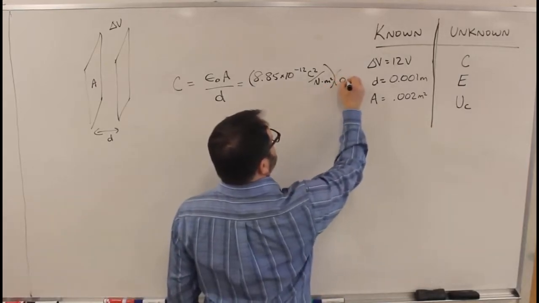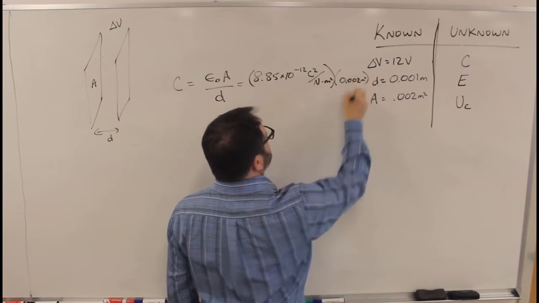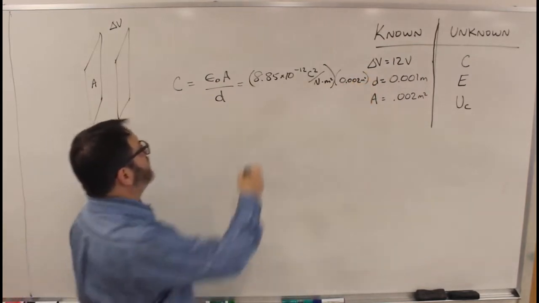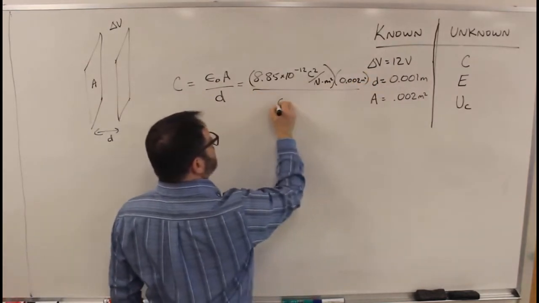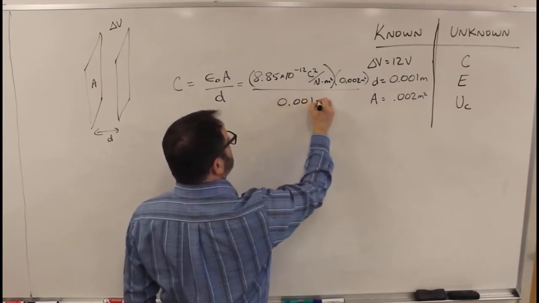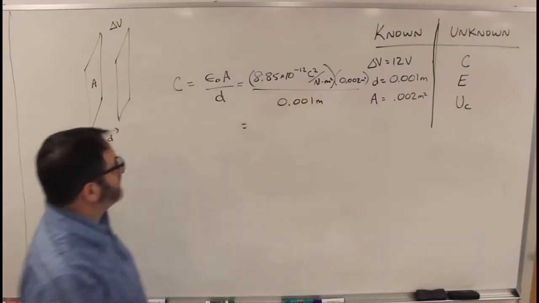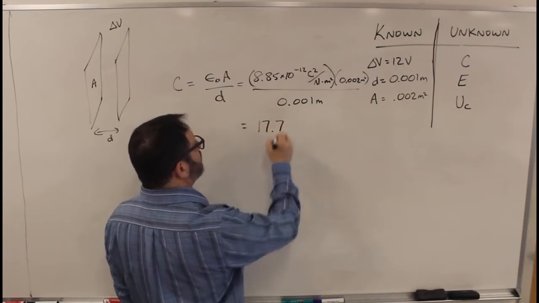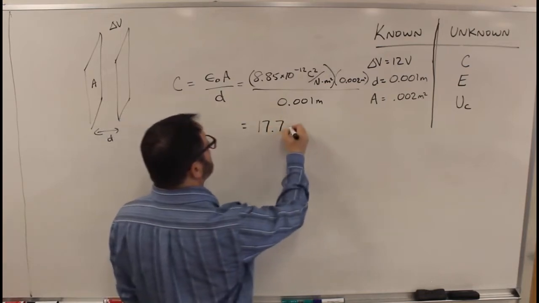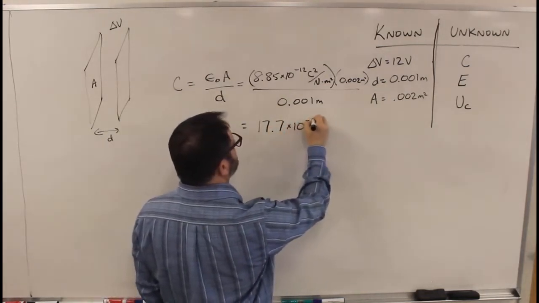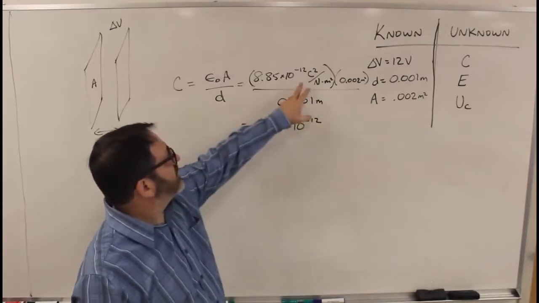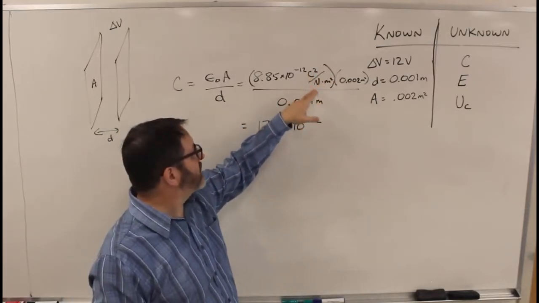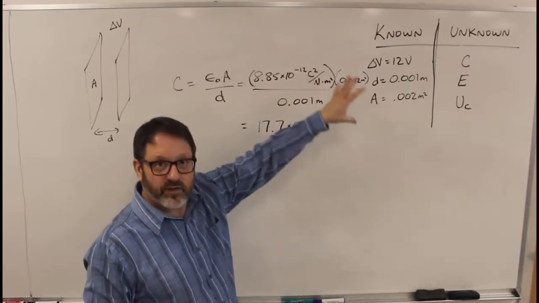So 0.002 meters squared divided by D, 0.001 meters. So this is 17.7 times 10 to the minus 12 something. Crazy units. Coulombs, newtons, all this stuff goes together.